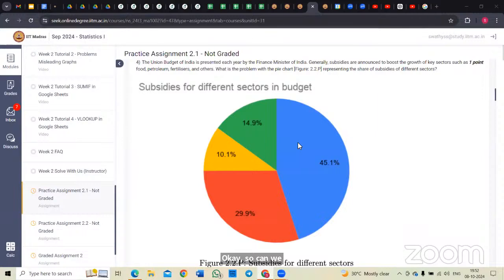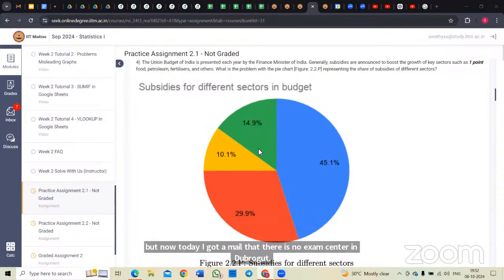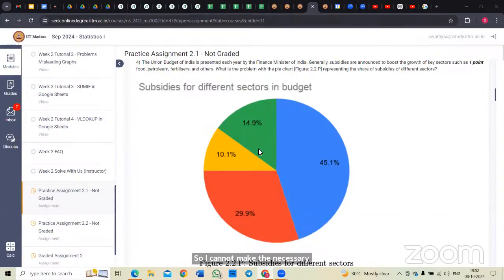Ma'am, I have a general doubt. When I filled the application form, I selected the exam city as Dibrugarh. But today I got a mail that there is no exam center in Dibrugarh. I cannot make the necessary arrangements, because from where I'm staying, Dibrugarh is a 2 days journey.